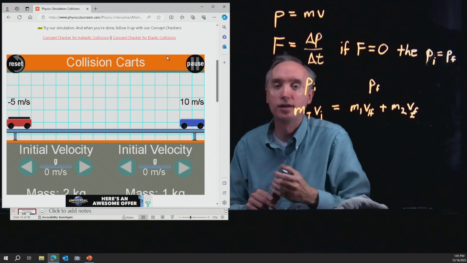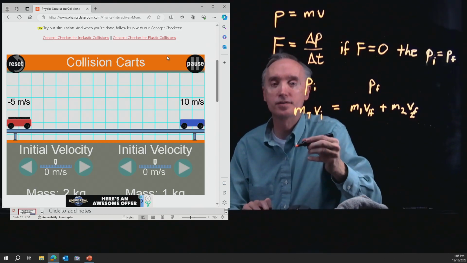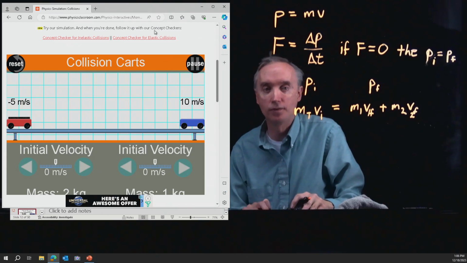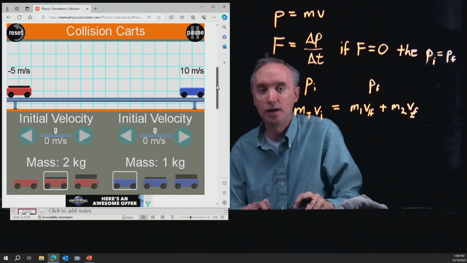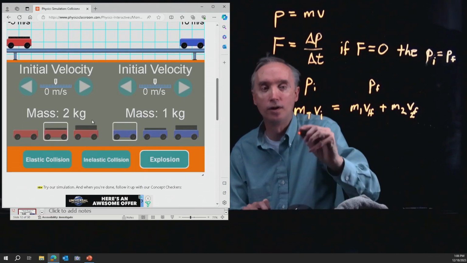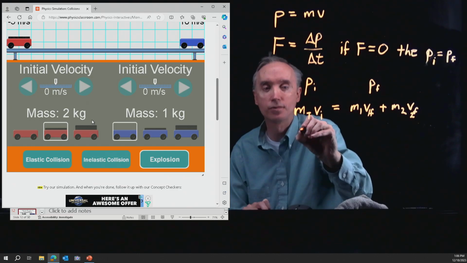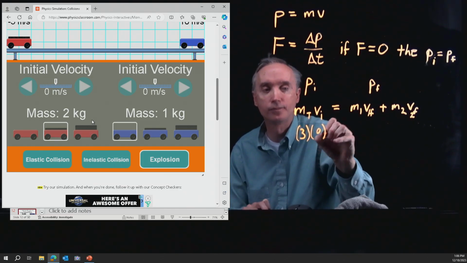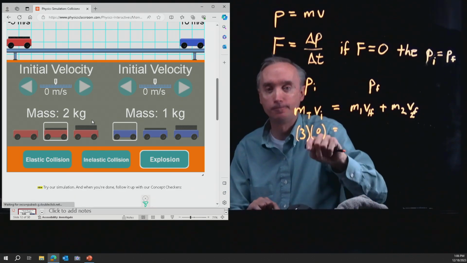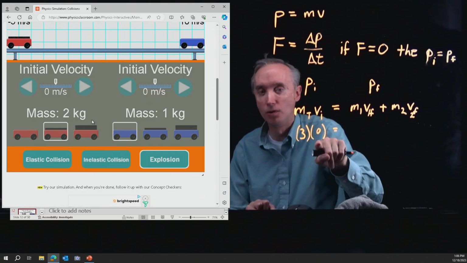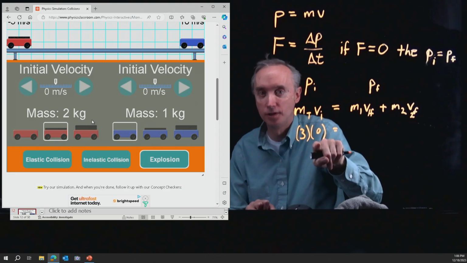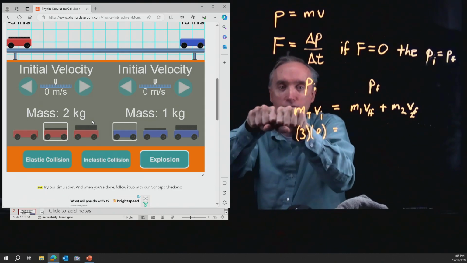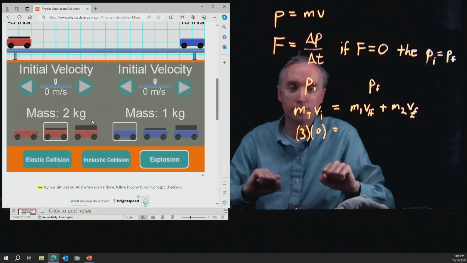Okay, so again, it starts with 0 velocity, and so our total mass this time is going to be a 3. Okay, because we had a 2 and a 1, so 2 plus 1 makes 3, but it's still being multiplied by 0. Now don't get the idea that this velocity always has to be 0. So the two of them could be connected and be moving, and then they explode.